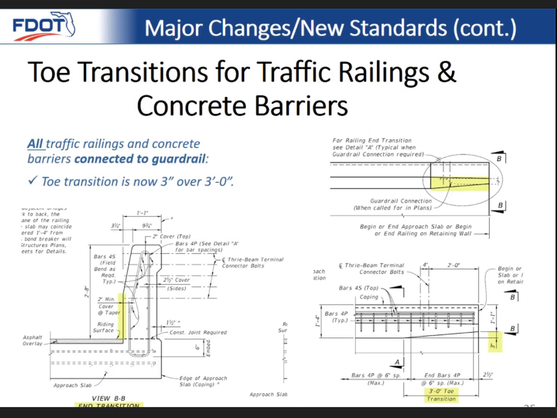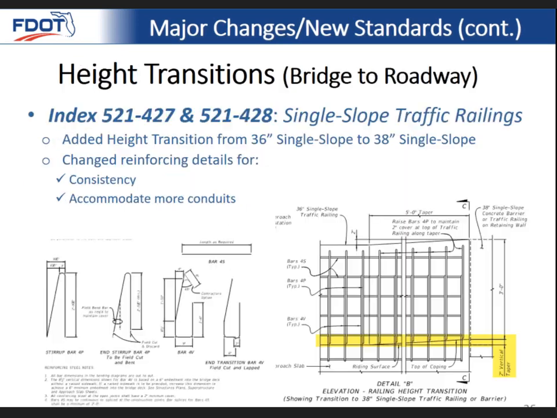Moving on to more traffic-related changes, the transition to guardrail has been tweaked slightly. Previously, we had a 4-inch cutback. It's now 3 inches to be consistent with the roadway traffic railing details.